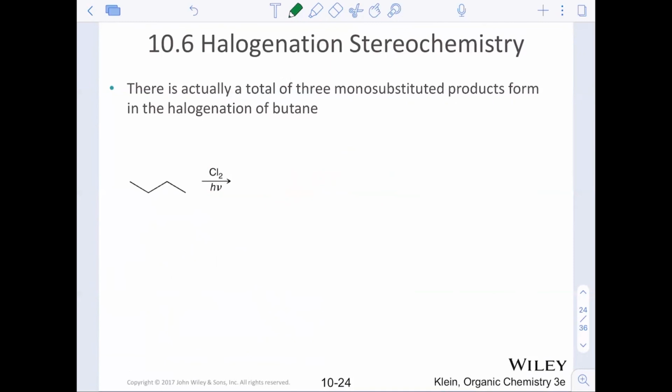All right, just a slight nod to stereochemistry. These reactions, whether it is halogenation with a chlorine or with a bromine, are not stereoselective, which means that when we have that carbon radical, let's just draw the halogen abstraction step.